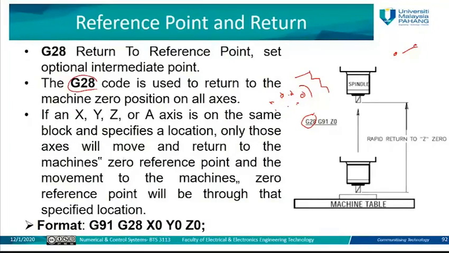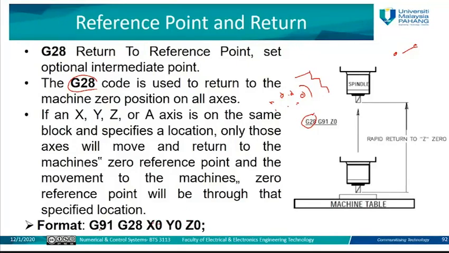So for the format, for absolute or incremental, you need to define the mode by using G91 or G90. Then you go for the reference point. After that, you need to define the point, usually the main reference point, X0, Y0, Z0. In this case, the spindle will go directly to the reference point.